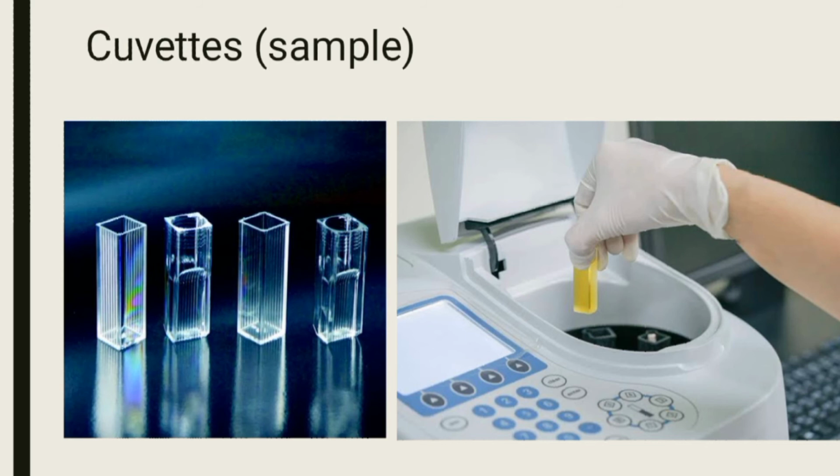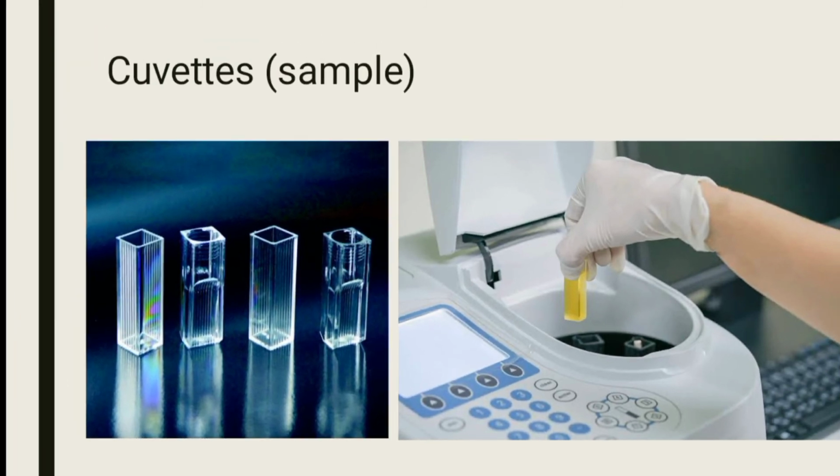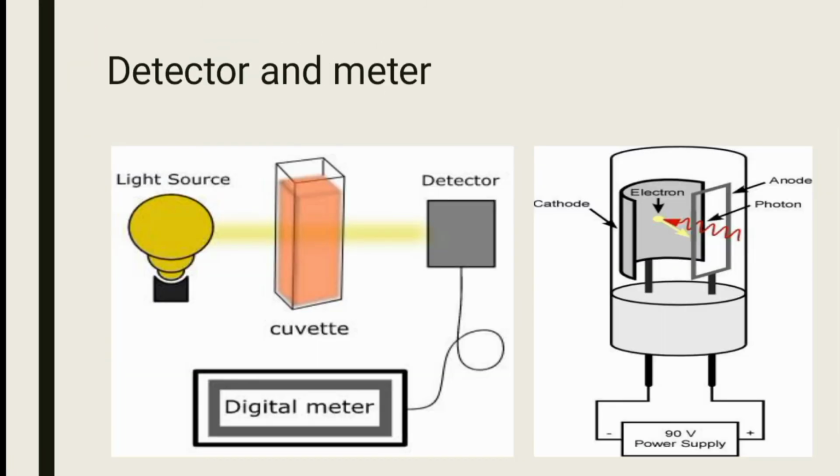Some light is absorbed by the sample, and other light is transmitted and strikes the detector and meter. The function of the detector is to calculate how much light is absorbed or transmitted by the sample, and then signals are transmitted to the digital meter, and the meter shows readings.